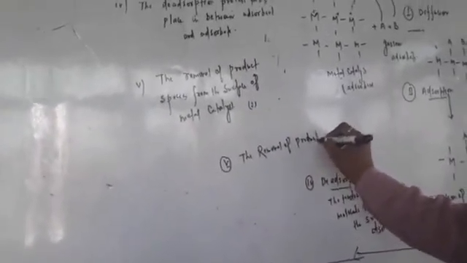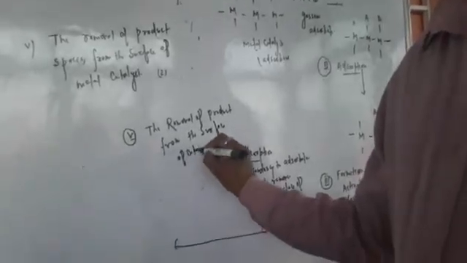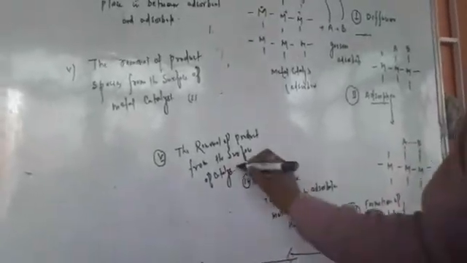And the last step, the fifth step, is the removal of product from the surface of the catalyst.